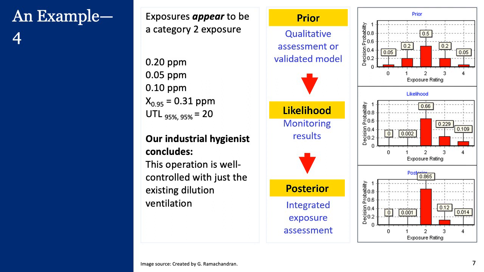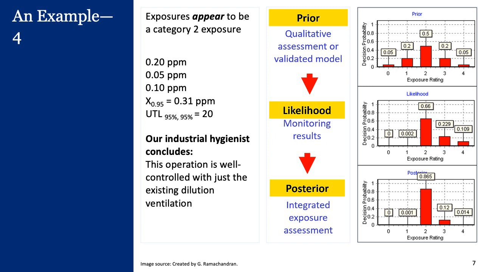So using his previous experience, the hygienist says that this is a category 2 exposure, well controlled, but the 3 data points, 0.2, 0.05, and 0.1, lead to a decision chart shown by the middle graph on the right-hand side. So you might notice that these graphs look very familiar to the one I've shown you previously. So there is 66% probability in category 2.